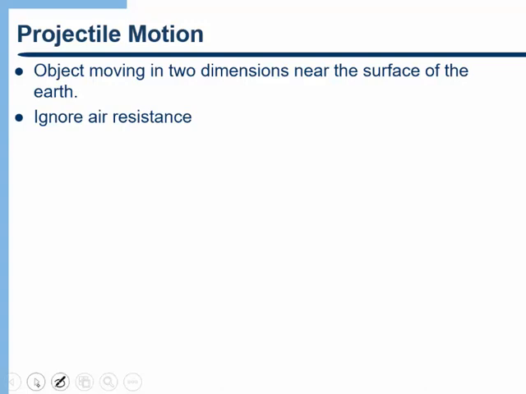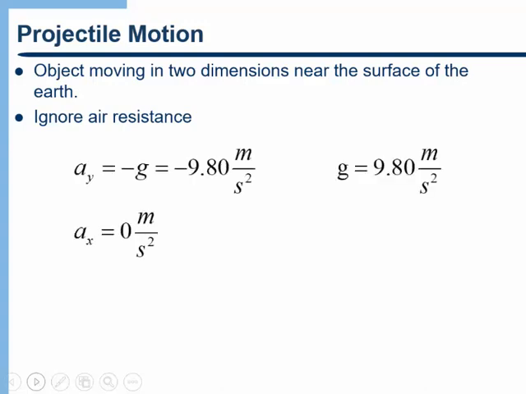Because of this, when an object is undergoing projectile motion, such as the cannonball that we looked at on the previous slide, the object is only accelerating in the y direction, and that's just the acceleration due to gravity, negative g, or negative 9.8 meters per second squared. There is no acceleration in the x direction.